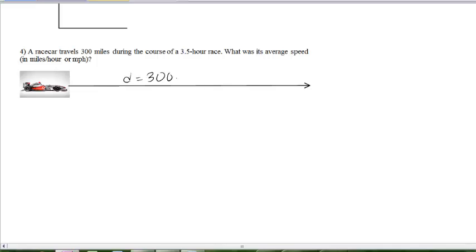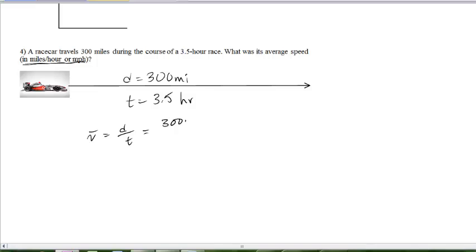So the displacement here, or the distance, is 300 miles. Okay, and the time that took was 3.5 hours. And since I said, okay, go ahead and find it in miles per hour, then there's no unit conversion necessary. We can just take our average velocity equation, which is distance over time, or displacement over time, rather.